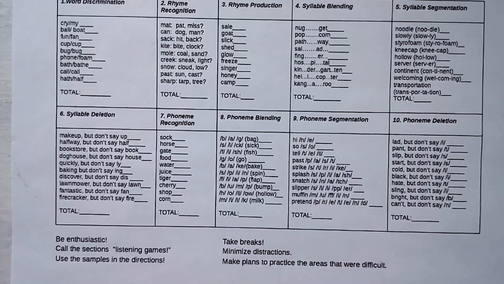So you could work with them on learning to split words apart like that if this were an area in which they struggled. Now, when a child misses about 3 in the same section, you need to stop where you are. You can put this screener away for 3 or 4 weeks and just kind of practice that type of activity. Get some other words that look like those words or rhyme with those words and practice asking your child to do that same sort of activity on those words.